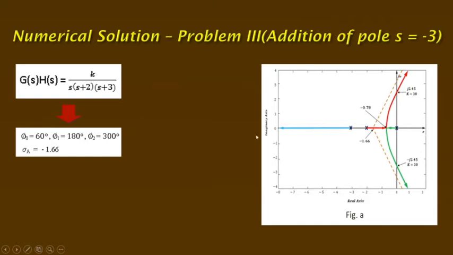The number of root locus branches is 3 and there is no Z. Then P minus Z equal to 3. So the number of asymptotes is 3 and the angles of asymptote are also 3.